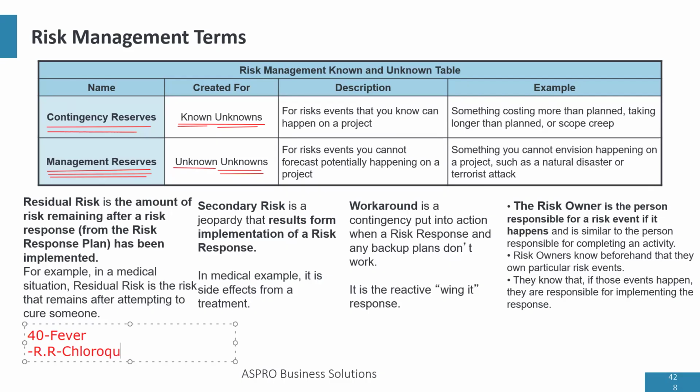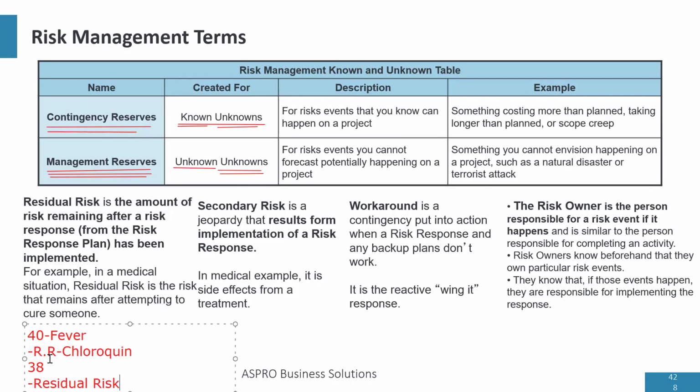Now, if the temperature drops to 38 degrees, right, you know that this person is not fully well. There's still going to be residual risk, which means further treatment is going to be done because the risk after implementing the response has not solved the problem.